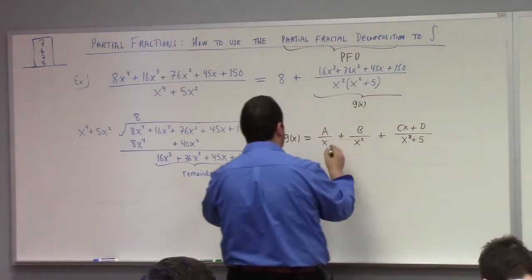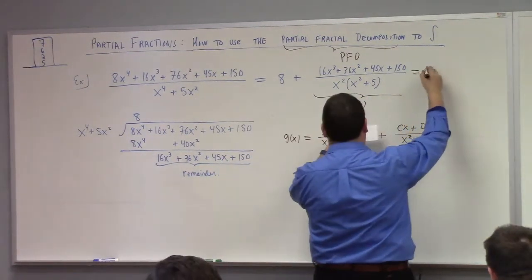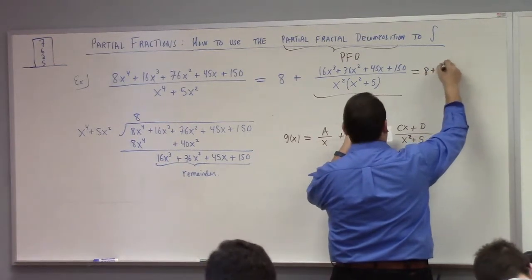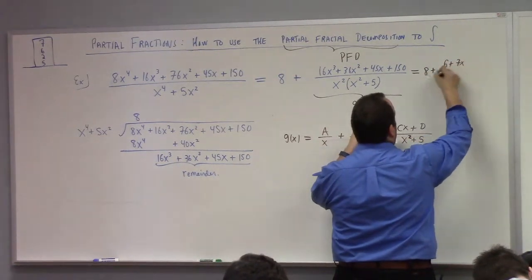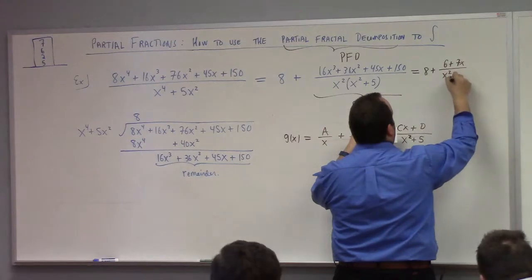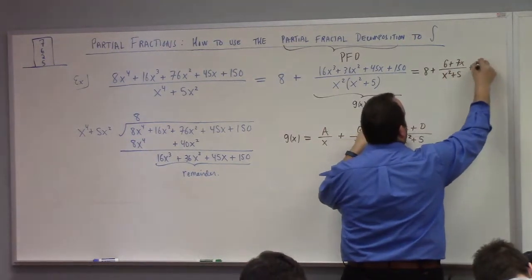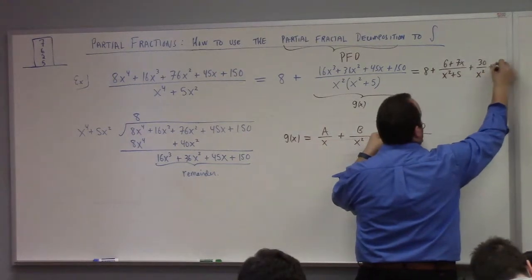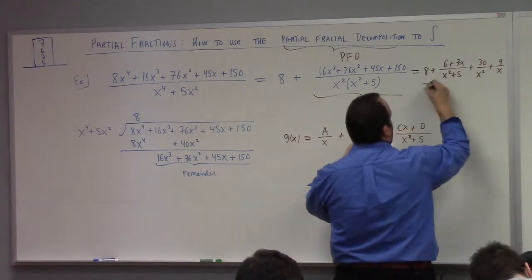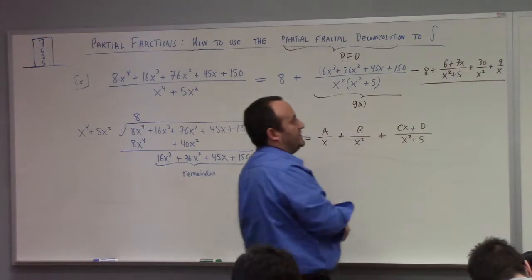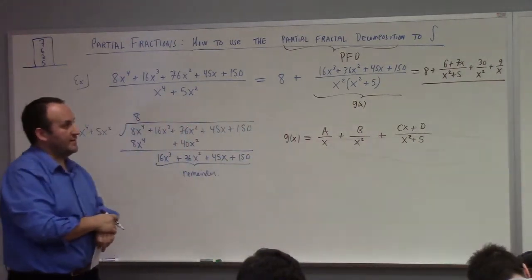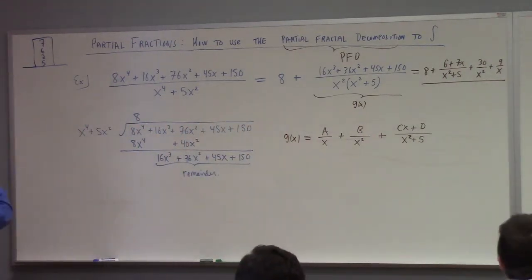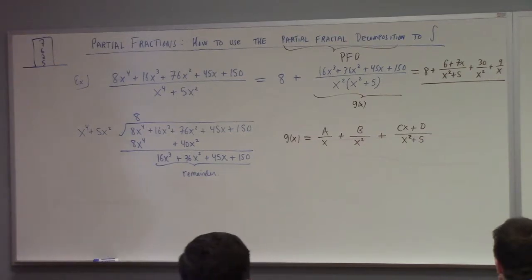And what this works out to is 8 plus 6 plus 7x over x squared plus 5 plus 30 over x squared plus 9 over x. Which, of course, what's left there, 8, 6, 7, 5, 3, 0, 9, could easily be integrated, yes?